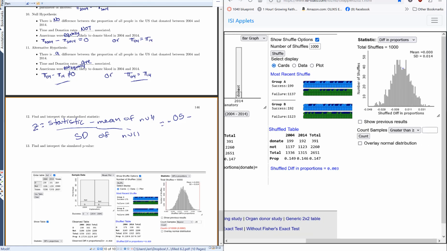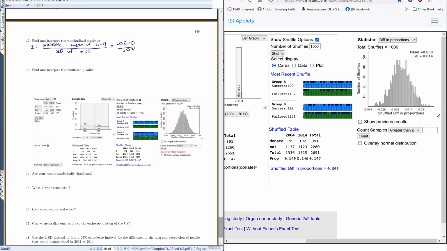Here, notice it was actually 0, and theoretically it should be 0. So I can always just do 0, because I know it should be 0, whether or not the simulation is exactly 0, and divide by the standard deviation of 0.014. And that should give me 3.57.